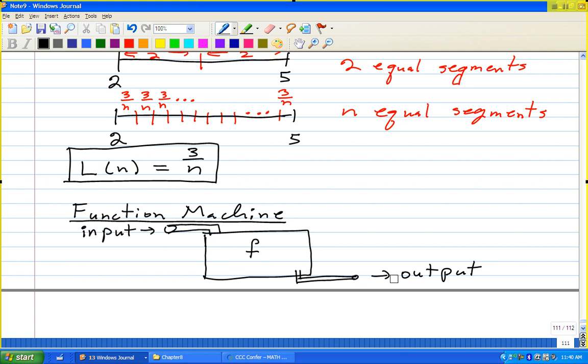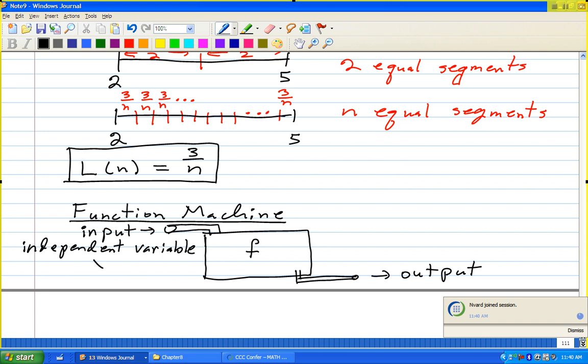Okay. And so this input is your independent variable. Usually we'll denote it by X. Your output is your dependent variable.